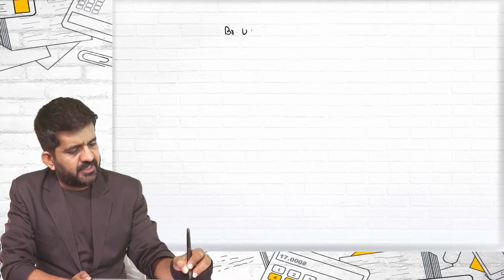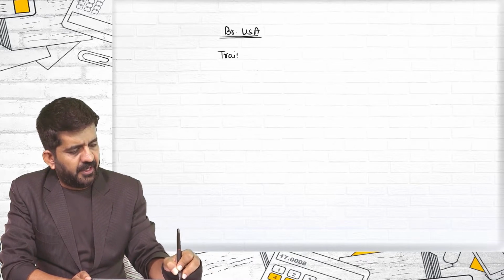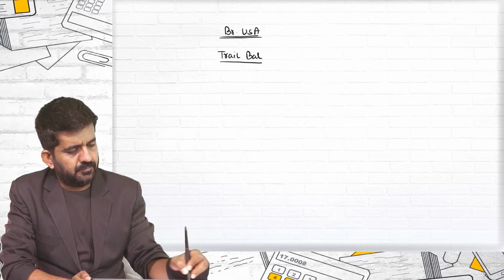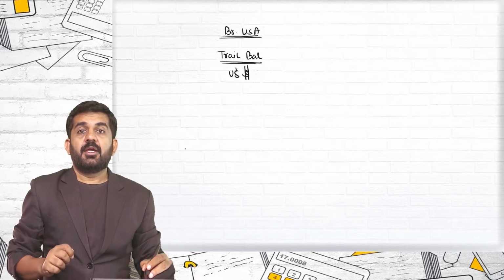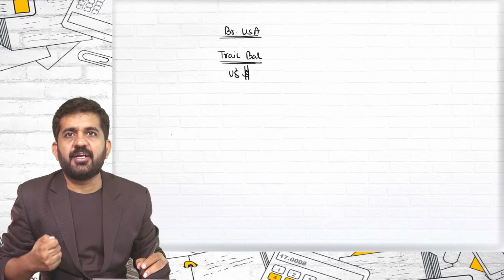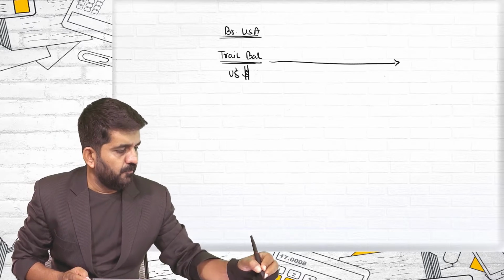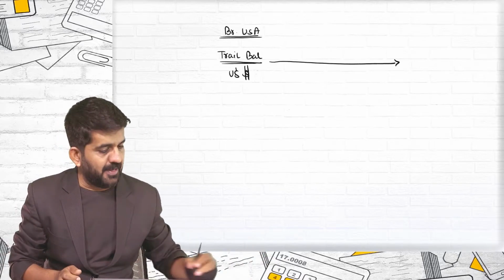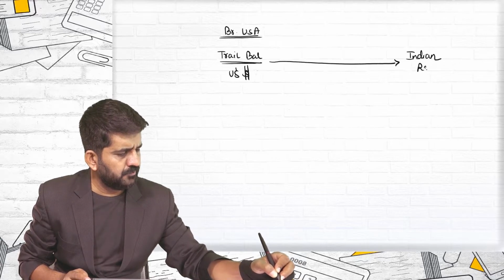As we have understood, we will have a branch in the USA. They will prepare the trial balance in US dollars, and to prepare consolidated final accounts or a consolidated balance sheet, we will have to convert this trial balance into Indian rupees.